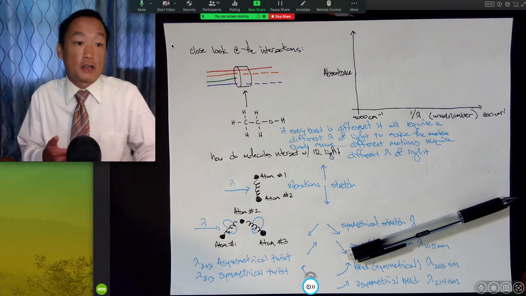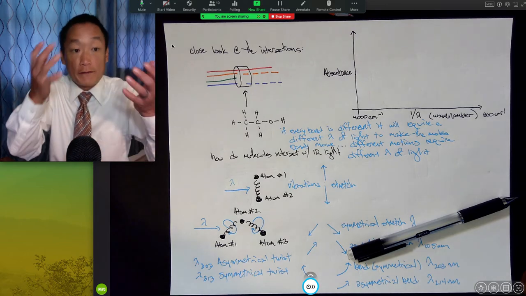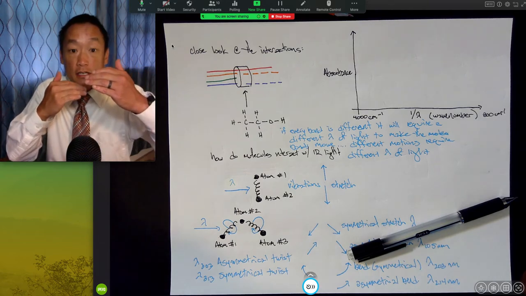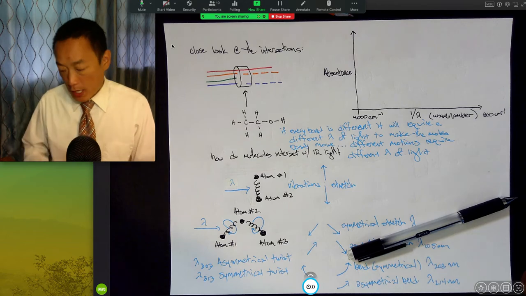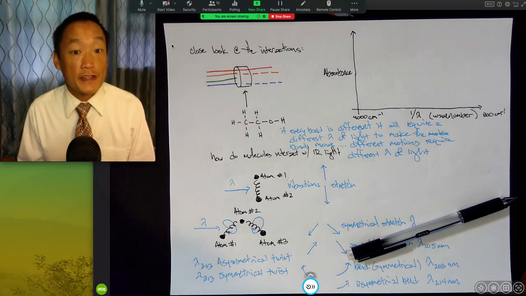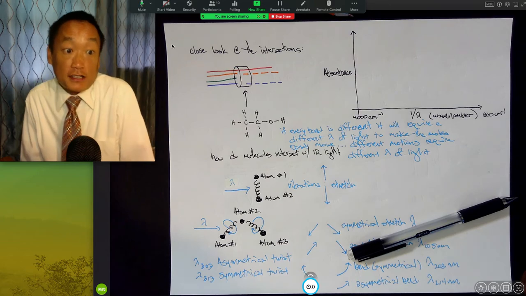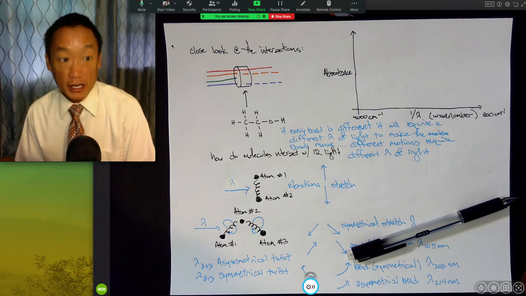And so all we've done is placed the wavelength of light in the denominator so that the numbers become easier to speak about. And then the absorbance is just how much of that energy was absorbed by the molecule and translated into some sort of molecular motion.